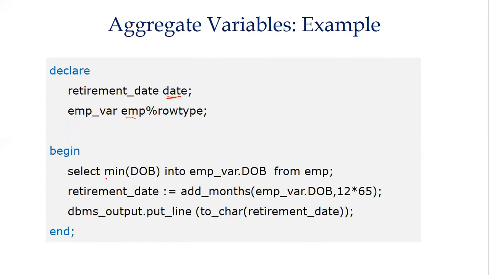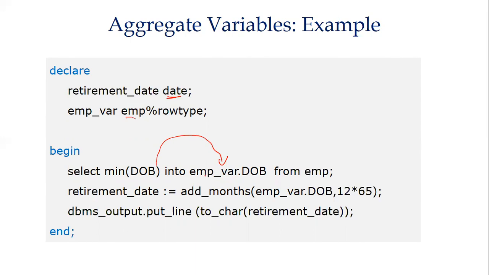Like here you can see, whenever you are using INTO, you have to specify, like, select minimum date of birth. We are fetching the minimum of date of birth, and whatever value is fetched, that will be stored in this employee variable dot dob. It will just store the value for the date of birth. Is that okay?